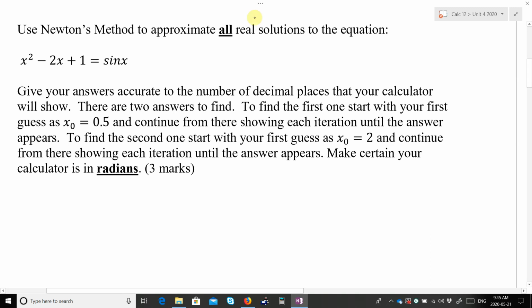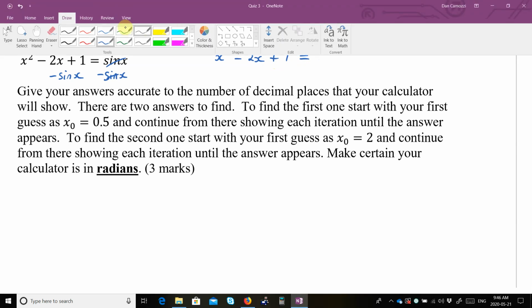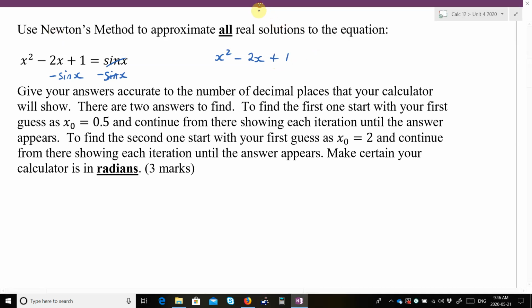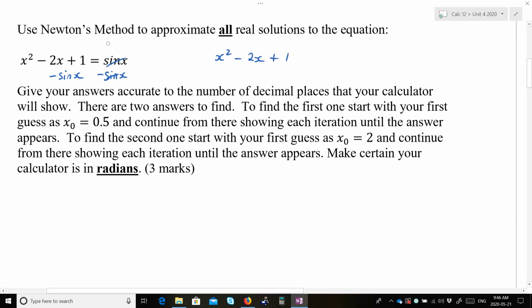Okay, so the equation that we really want to solve, guys, is this. We have to have our equation equal to 0. So I'm going to subtract sine x from both sides. And our equation is x squared minus 2x plus 1 minus sine x equals 0.